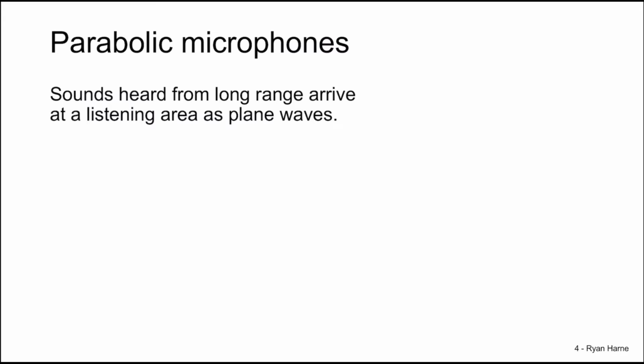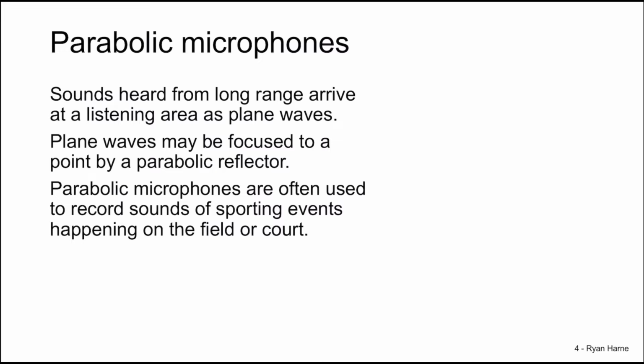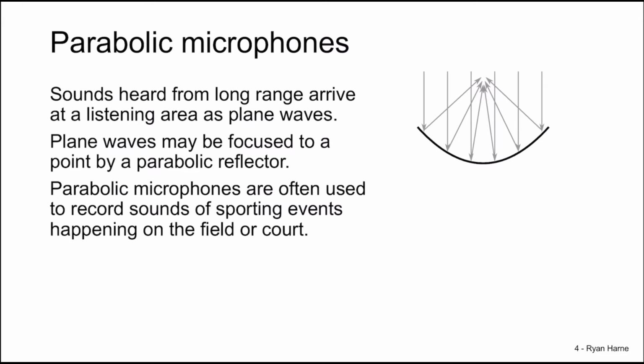When we hear sounds arriving from long distances, they effectively arrive at our ears as plane waves, like we've learned before regarding the acoustic far field. Plane waves may be focused by parabolas, and specifically by parabolic reflectors. Parabolic microphones use this principle, especially in sporting environments, where we want to have high quality sound, for instance, a quarterback calling a hike, but this sound is recorded at a very long distance.